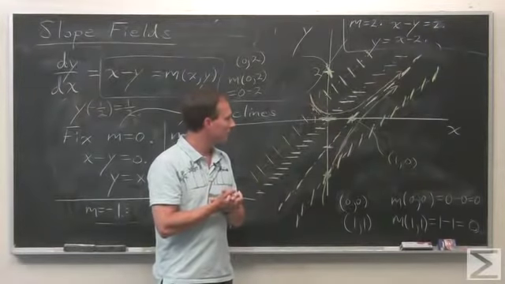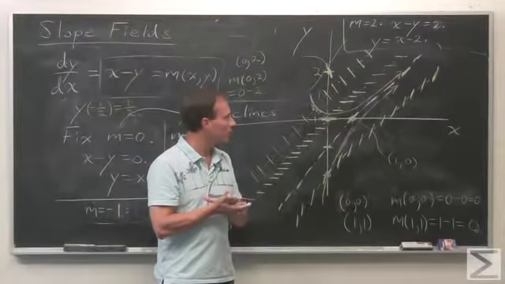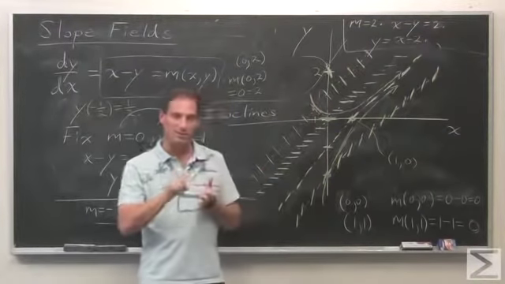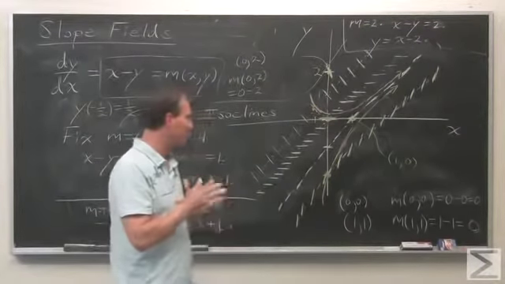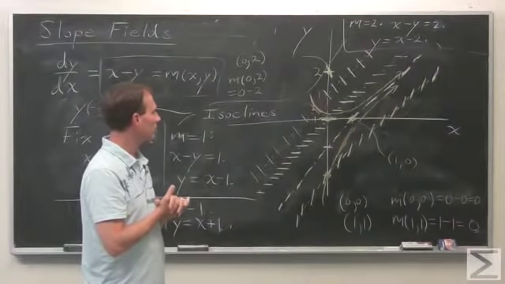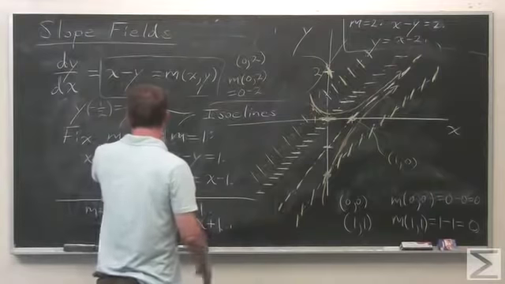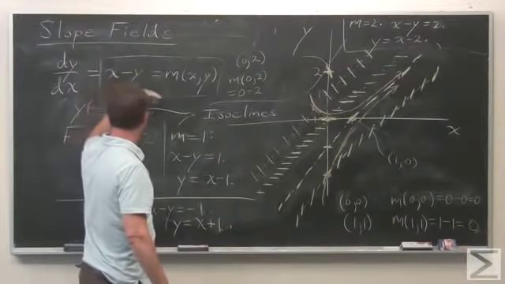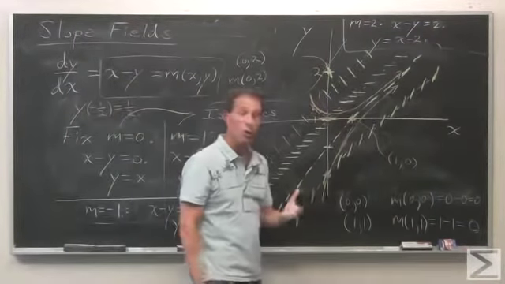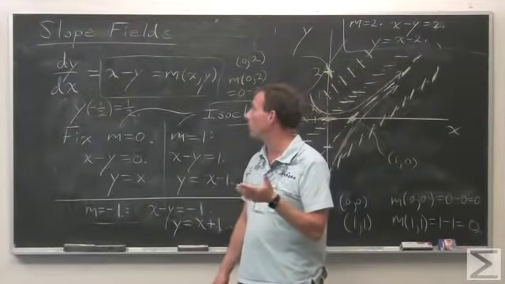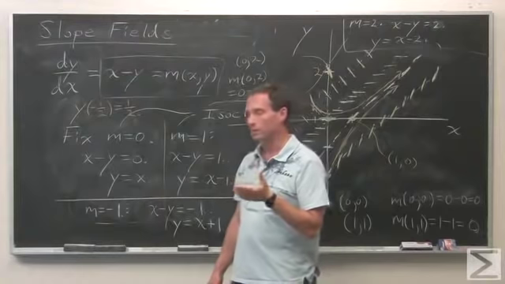You can see when you do it how the different initial data lead to different solution curves. It's a nice graphical method for analyzing the qualitative behavior of one of these first order equations of the form dy/dx equals a function of x and y.